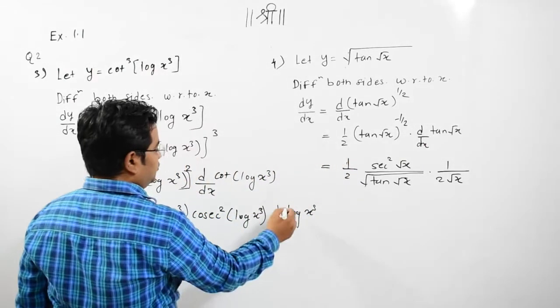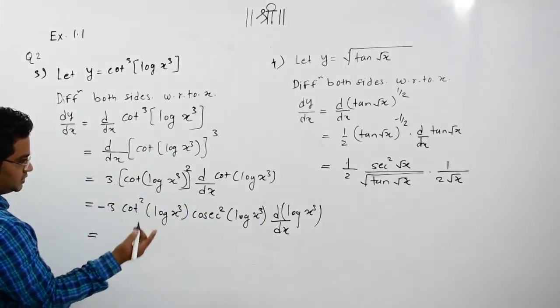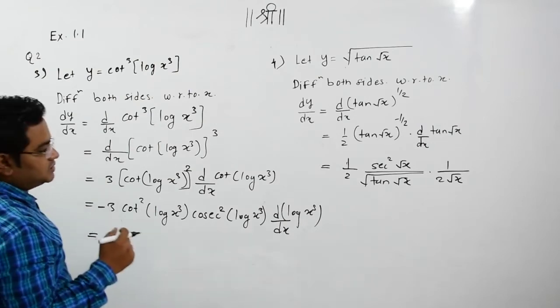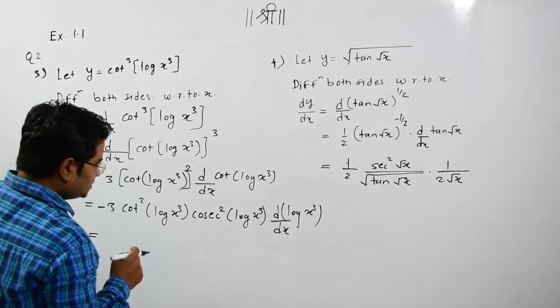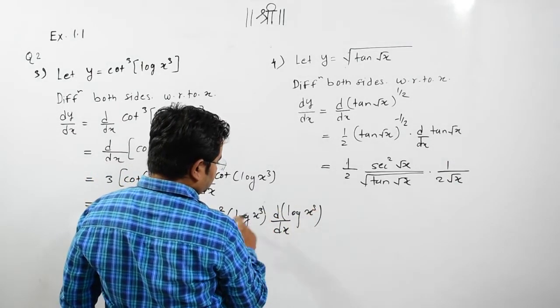Up to this step, hope you are getting each and every step. Now what is the derivative of x cube? I would like to do one simple step within this concept, that the 3 comes over here and gets common.